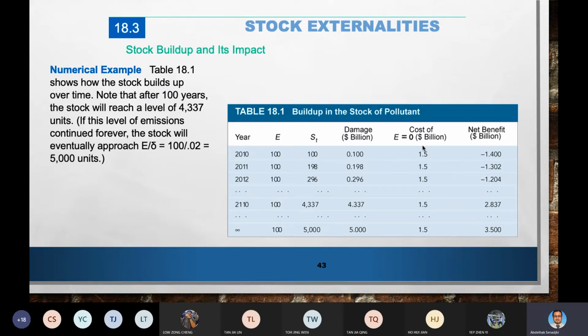But the thing is, is it really efficient or does it make sense to reduce the emission to 0? In order to answer this, we must do the cost-benefit analysis. If you remember, in Microeconomics 1 you studied the present value, because we have to discount our money.